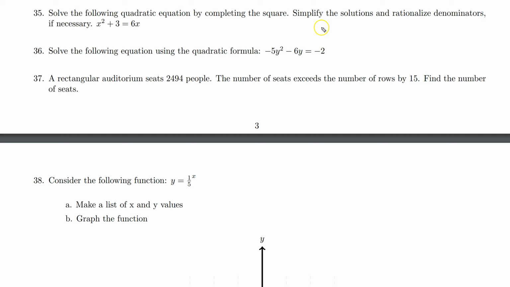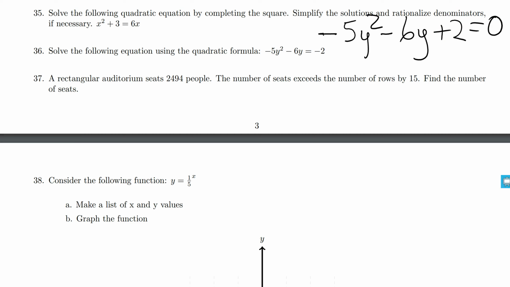Again, we have to put it in standard form. So this will be a negative 5y squared minus 6y. Transpose that 2 minus, on this side becomes a plus 2 equals 0.